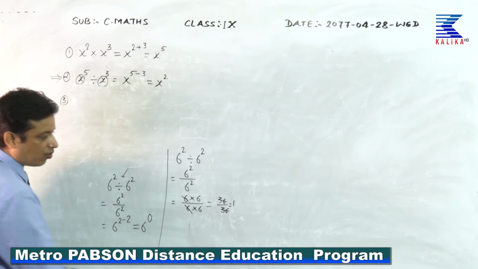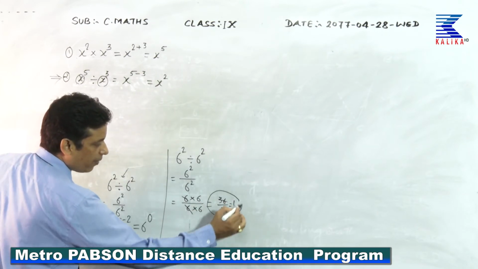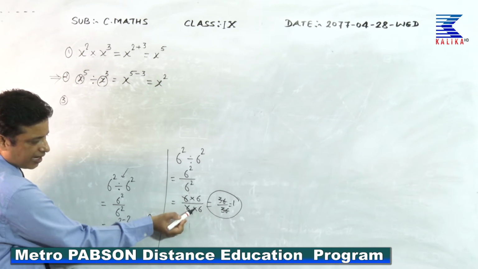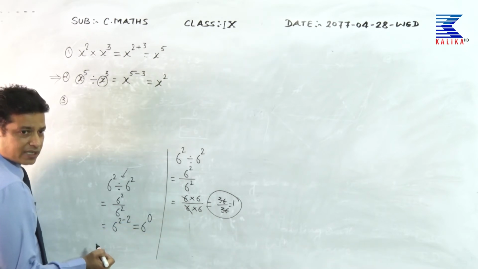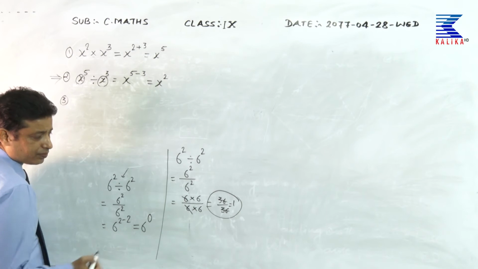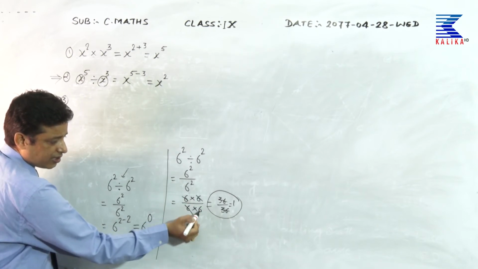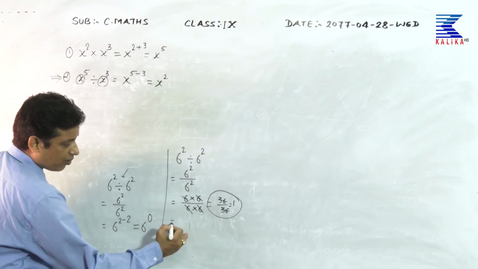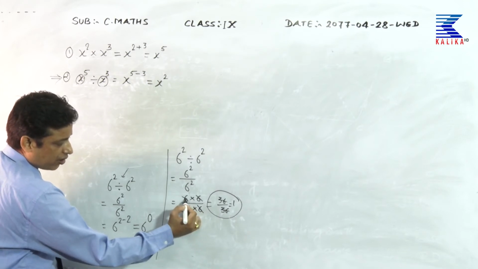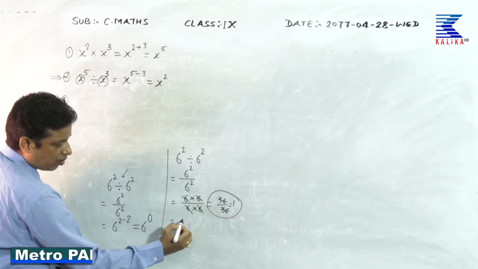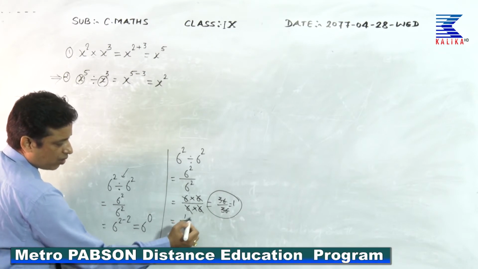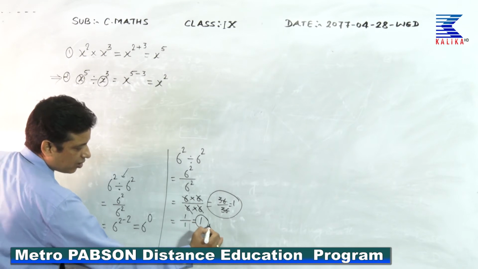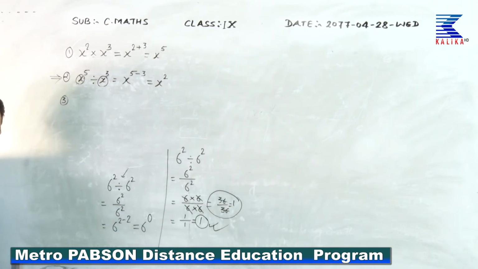Or, if you do not go this way, the numerator and denominator are the same, the operation sign is multiplication, so you can cut both terms. 6 is here, 6 is here, you can cut both. Now the result is 1 times 1, which is 1. What is the final result? The final result is 1, dear student.